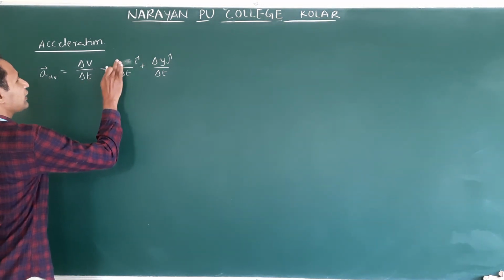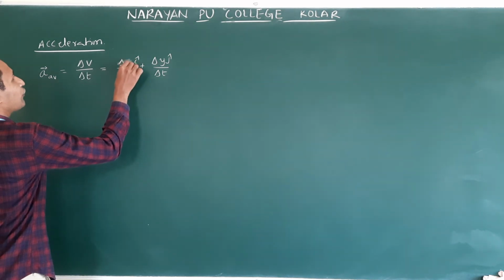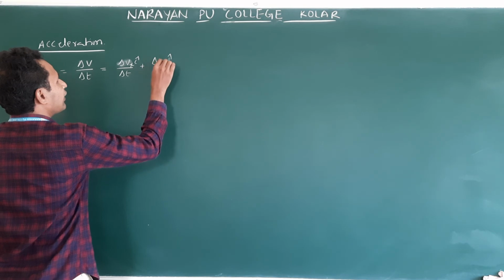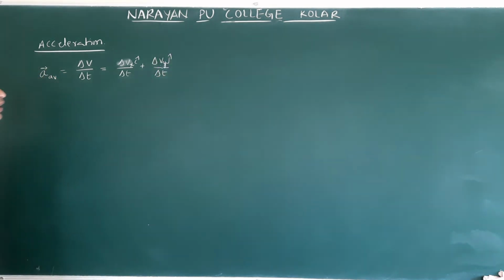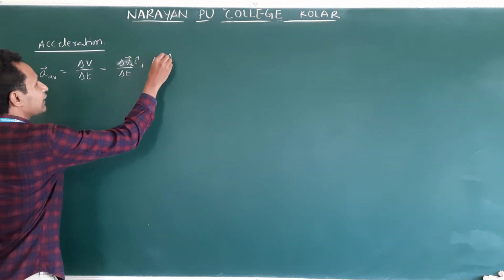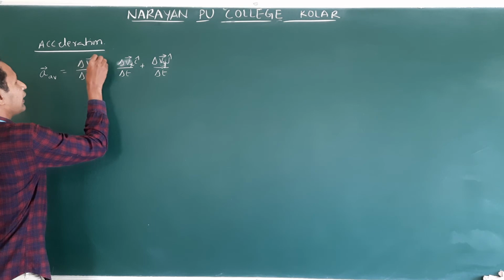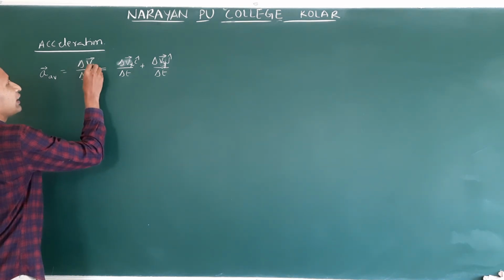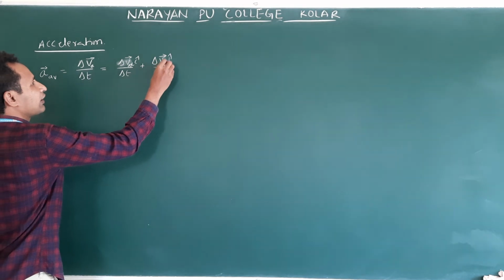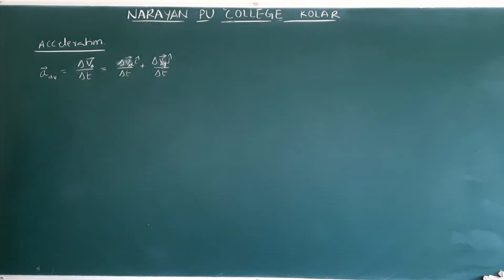This we will write delta vx, and this we will write delta vy. Understand? Average velocity along x axis, along y axis. Actually, I mentioned yesterday a, this is also a. You will get ax and ay. So this is average acceleration.